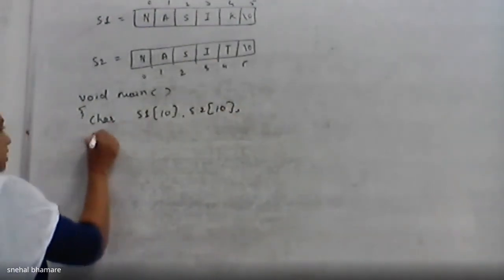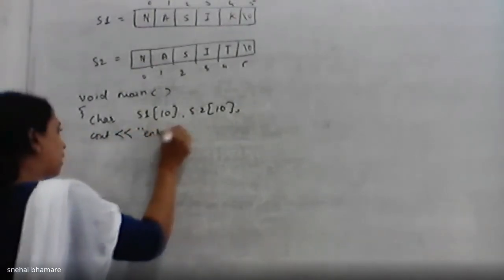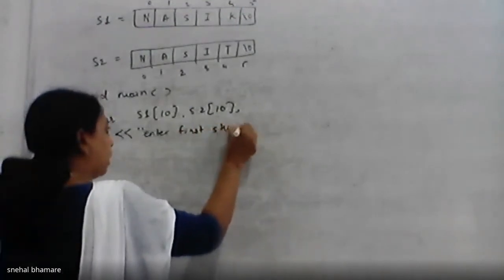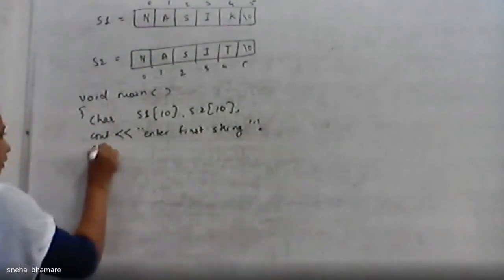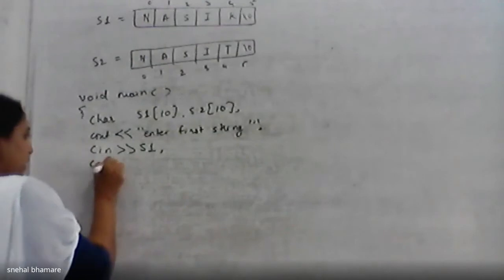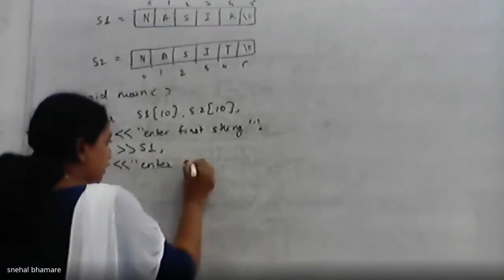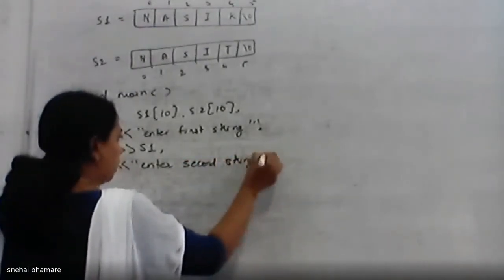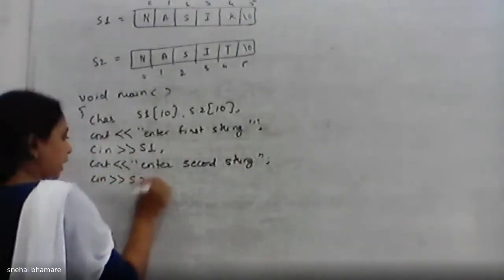Then cout "enter first string" and read into the S1 array, cout "enter second string" and read into the S2 array.